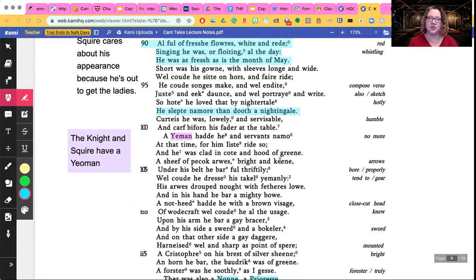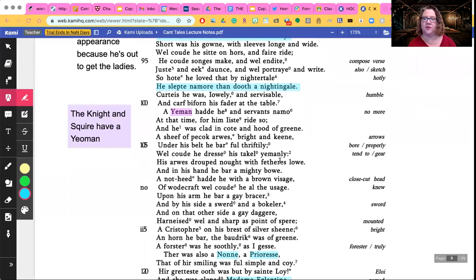So the knight and the squire require that they have all their equipment properly maintained, oiled, ready to go. You know, the arrows need to be straight. You have to make the arrows. And so the yeoman is in charge of all that. He wears green. He's described as like a forest guy.